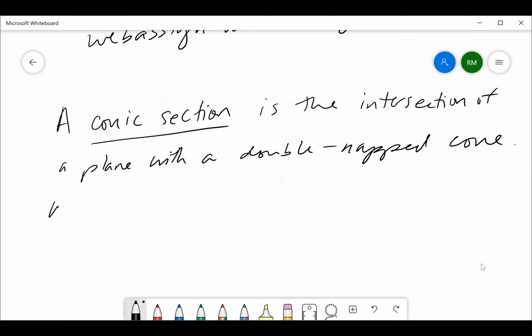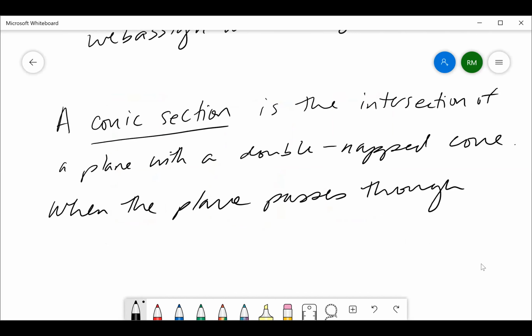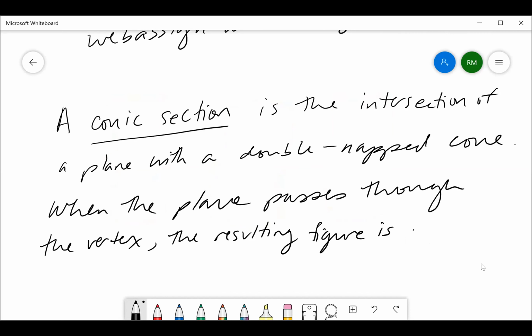So when the plane passes through the vertex, the resulting figure is a degenerate conic section. All right, and they're called degenerate because you can define them via simpler ways.